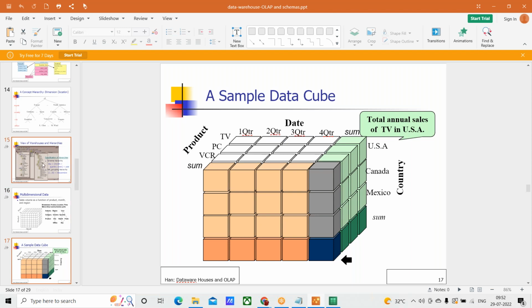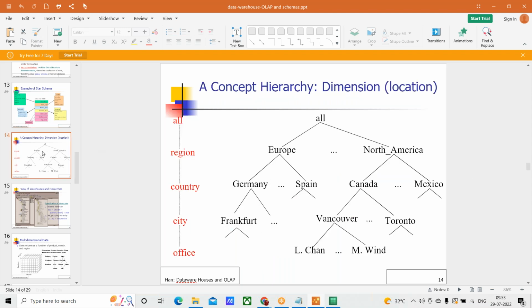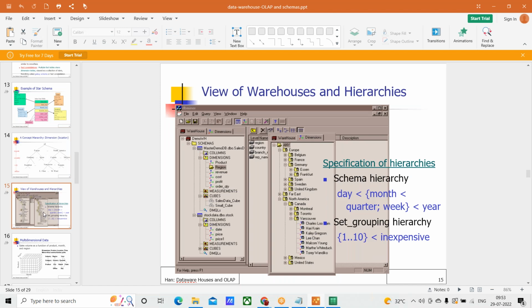For example, you divided this item into supplier type. Then you can get your reporting done on whatever dimension you want. Actually we call it cube reporting.